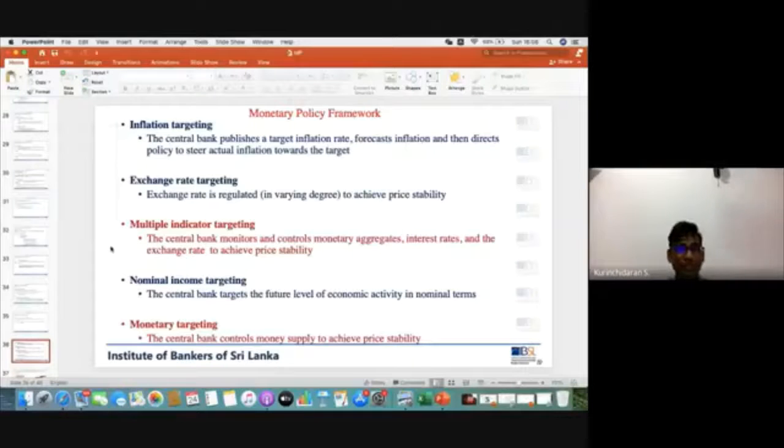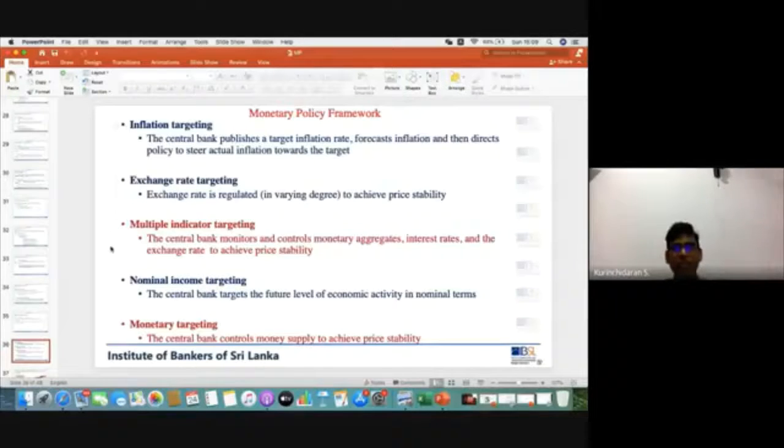One is inflation targeting. That means the central bank targets the inflation rate and conducts monetary policy to achieve that rate. The central bank announces a target inflation rate, say 5%, and tries to maintain it, or they can give a range, maybe 4 to 6%.